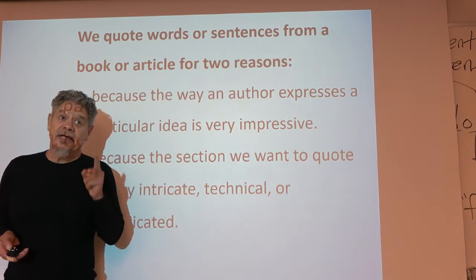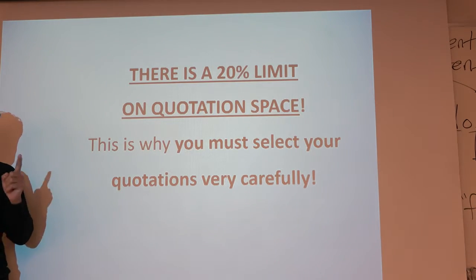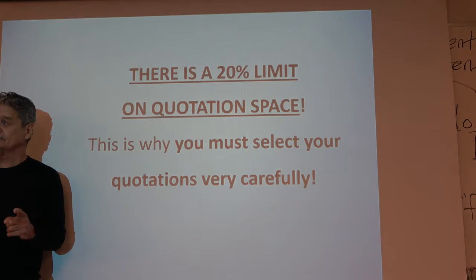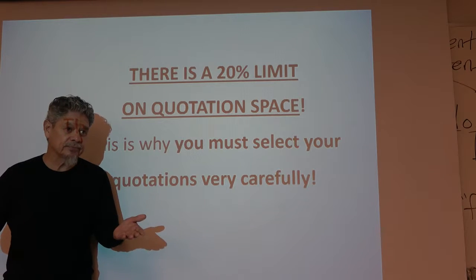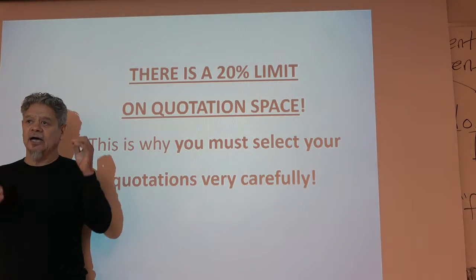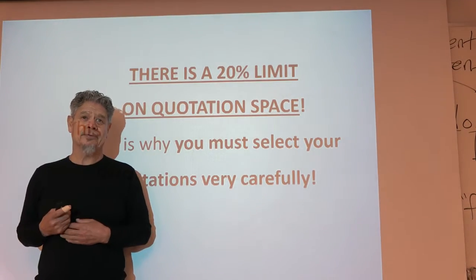However, here's the thing. There is a 20% limitation on quoting. A 20% limitation on quoting. Let me explain it to you. Okay? Let's say you have a paper that is 1 page long. 1 page long.